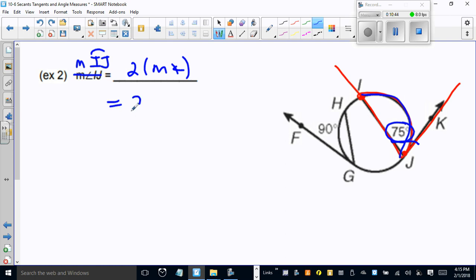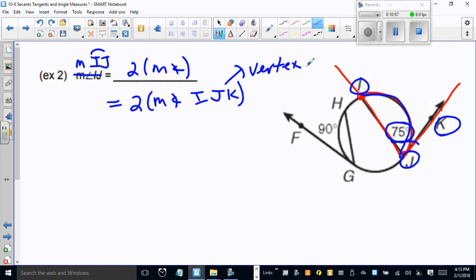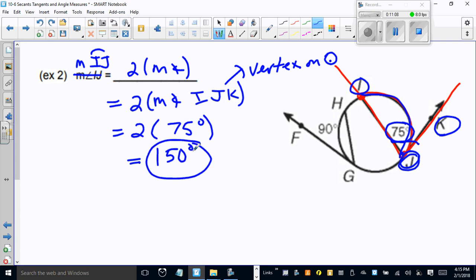So for that one, it's going to be 2 times the measure of angle IJK, which, of course, has its vertex on the circle, because J is on the circle. So I'm going to have 2 times 75 degrees, which is 150 degrees, and that's your answer. Okay?